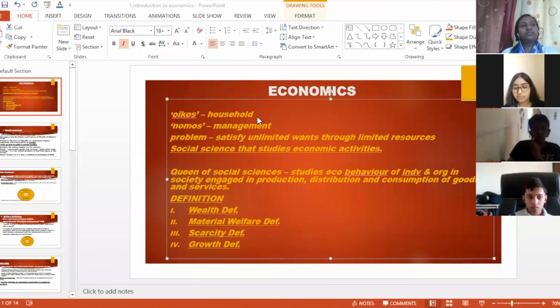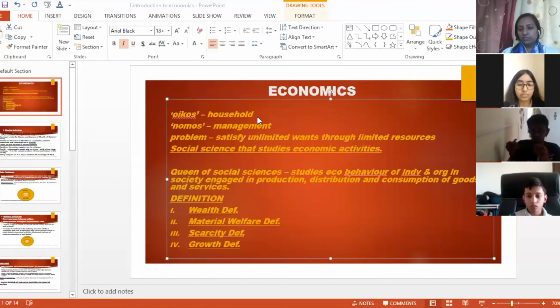Even if we take wood, wood also has multiple uses. It can be used to make doors and windows. You can make paper with it. You can make a house with it. You can use it for burning as fuel, right? It also has multiple uses, but they are also limited.